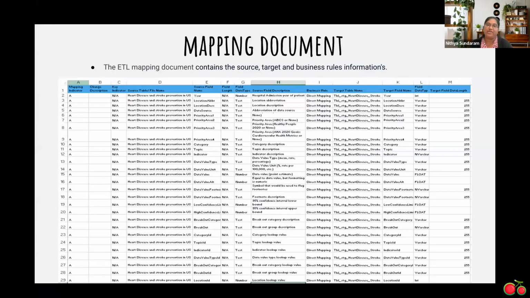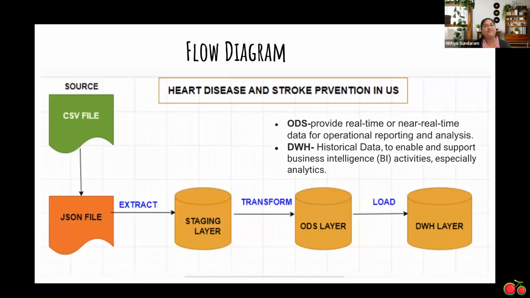You are seeing the mapping document here. The mapping document is necessary for every ETL developer. It contains source, target, and business rule information. Here, you're seeing the fully functioning technical flow diagram starting from source. The CSV file from CDC data is converted to JSON.